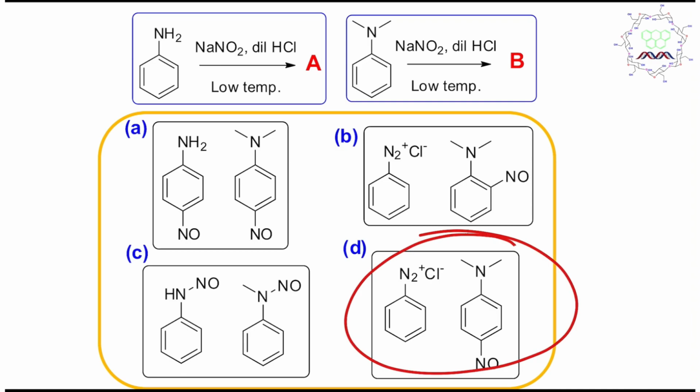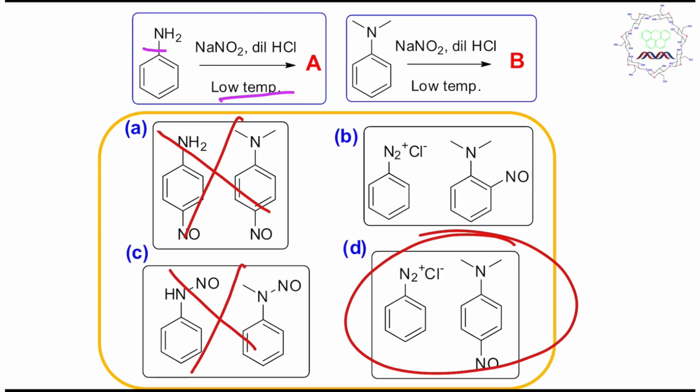Now if this question appears in your exam, how can you come to the right answer in less than 30 seconds? If you know just one thing properly, that an aromatic amine in the presence of sodium nitrite, dilute HCl and low temperature produces a diazonium salt. It is a very basic fundamental reaction, the diazotization reaction. If you understand this, then option A and option C are gone, just disappeared based on your common sense.